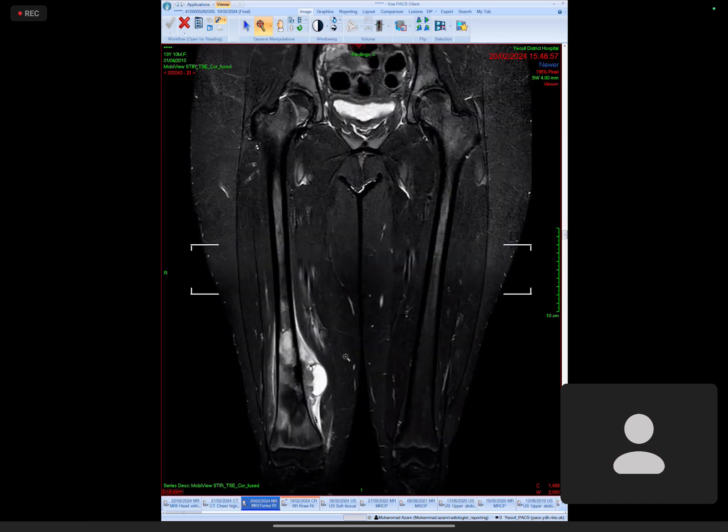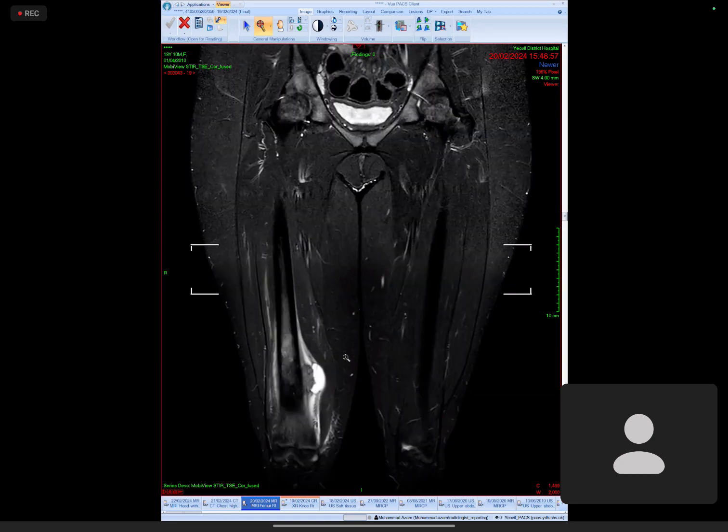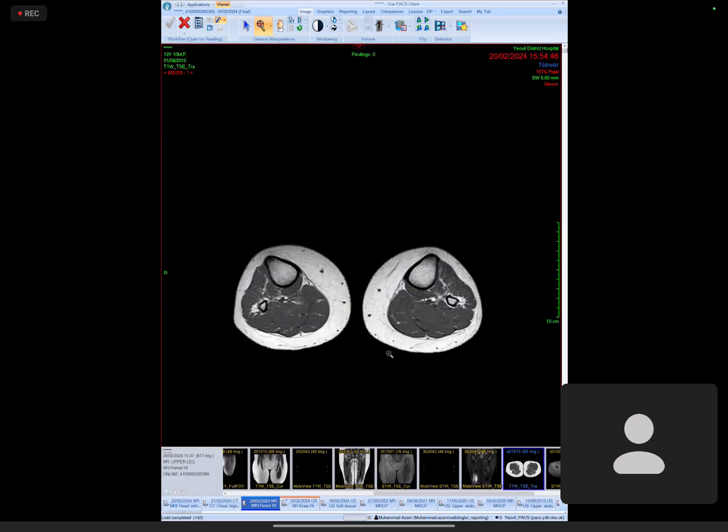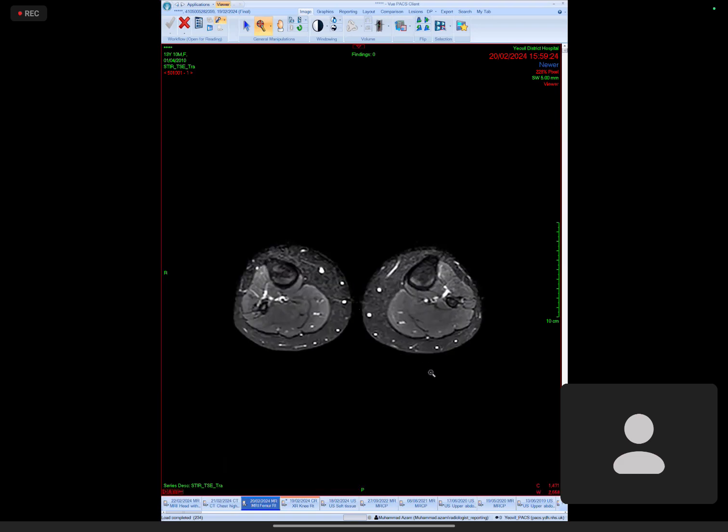For this patient, I would like to look at the images in my routine practice. I will check out the axial planes and contrast enhanced images in order to look for neurovascular bundle invasion.